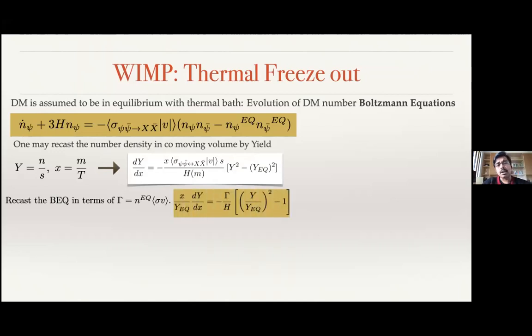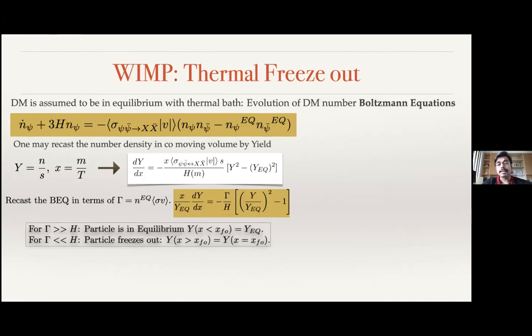And you can also rewrite it in terms of gamma, the interaction rate, which is sigma v thermal average multiplied by n equilibrium. This then gives you the equation in the form I have written: x over Y eq dY/dx equals minus gamma by H, times (Y over Y equilibrium) whole square minus 1. And one can clearly see that there are two limits of this equation. When gamma is much larger than H, these dark matter particles are in equilibrium, that is Y is equal to Y equilibrium. And for gamma much less than H, this actually freezes out.